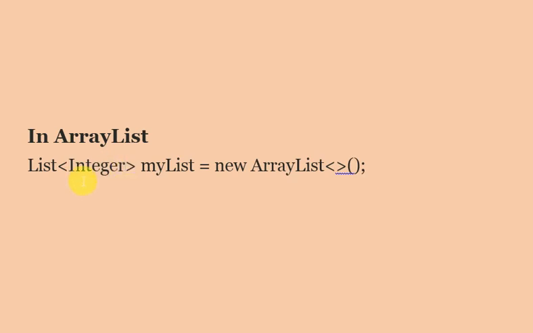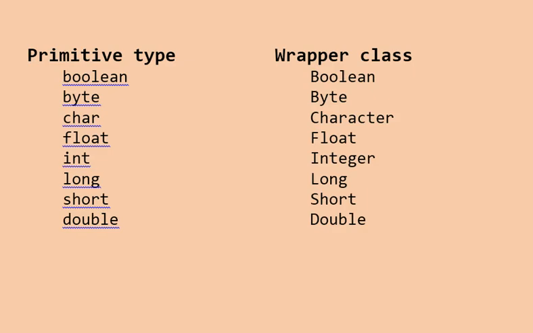Integer with capital I, Double with capital D. These are wrapper classes and we use them in ArrayList. And primitive data types like int, boolean with small b or double with small d are used in normal arrays or 2D arrays.